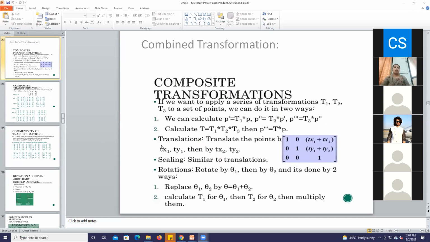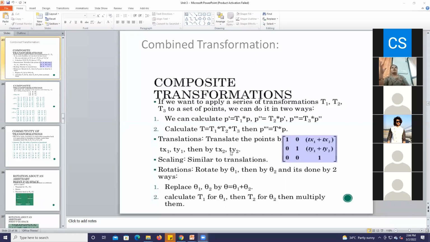So see here the examples are given. The translation. Translation means what? If the translation is done by tx1 ty1 and then by tx2 ty2, that means combined transformation has 2 times translation. पहिले tx1 नी केलंय, दुसरं tx2 एवढ्या डिस्टन्स नी केलंय, आणि along y पहिले ty1 नी केलंय आणि ty2 नी केलंय.